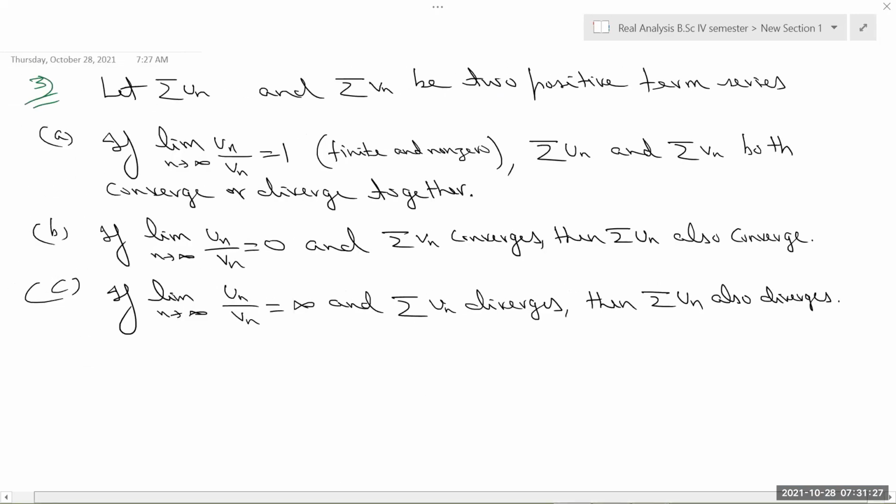This one is an important result. We will use it during solving questions based on the comparison test.